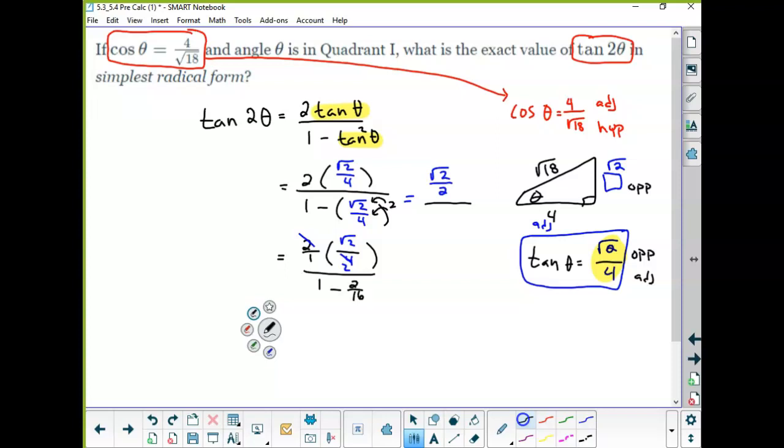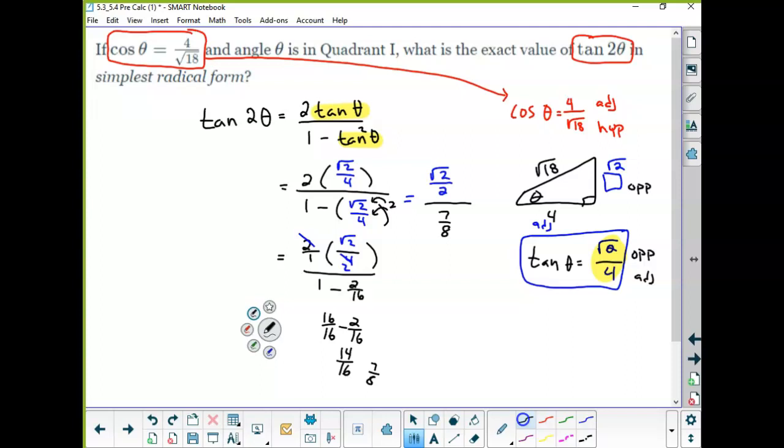Now, when I do this on the bottom, 1 is better known as 16 over 16. And then I can subtract that. So we get 14/16, which if we divide that by 2, is 7/8.